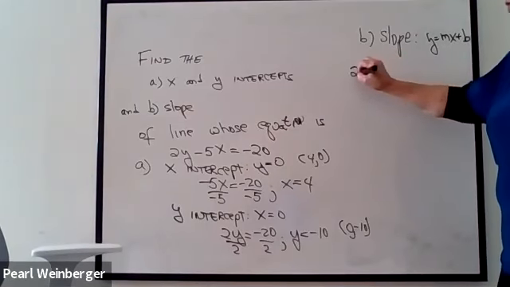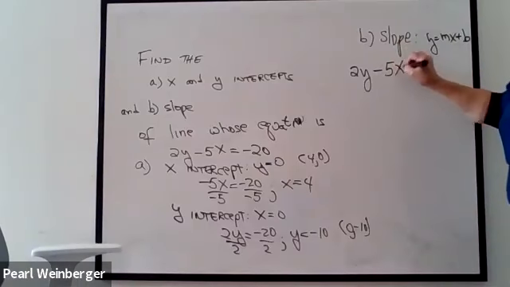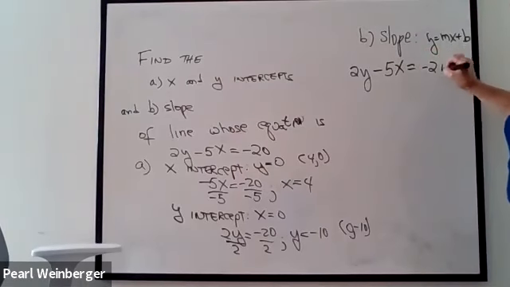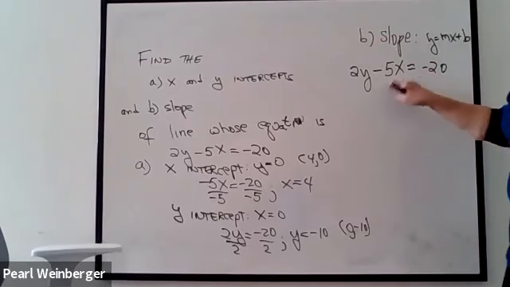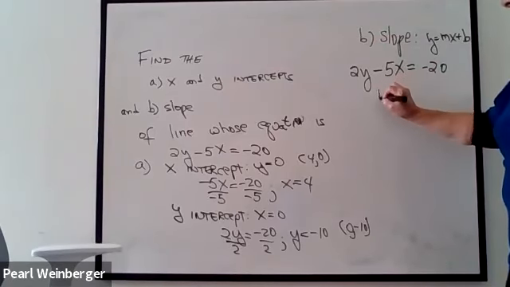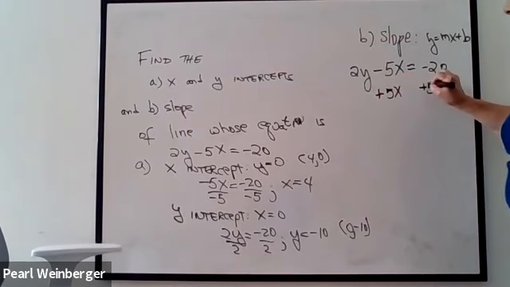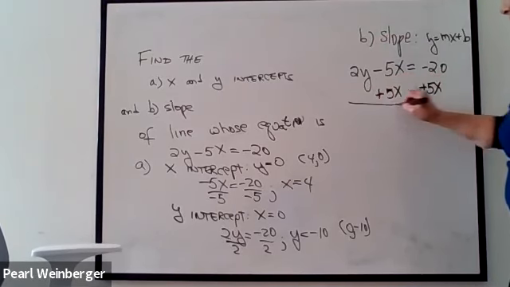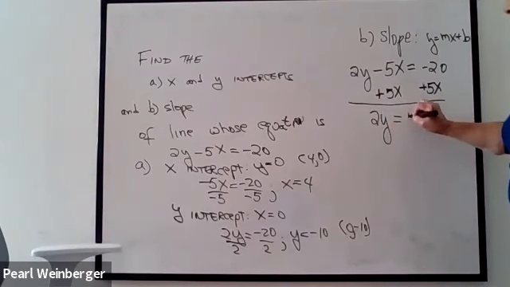So if I have this equation, 2y minus 5x equals negative 20, and I want to put it in the slope-intercept form, I have to get the x's to the other side. So I'm going to add 5x to both sides. That'll give me 2y equals 5x minus 20.